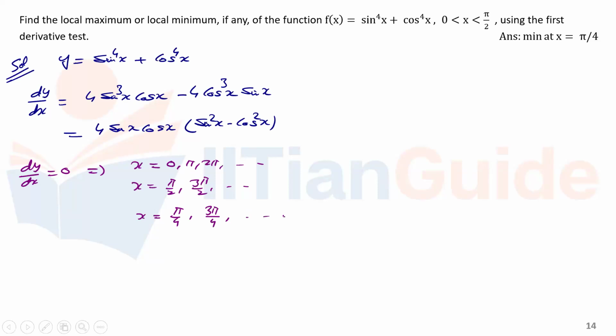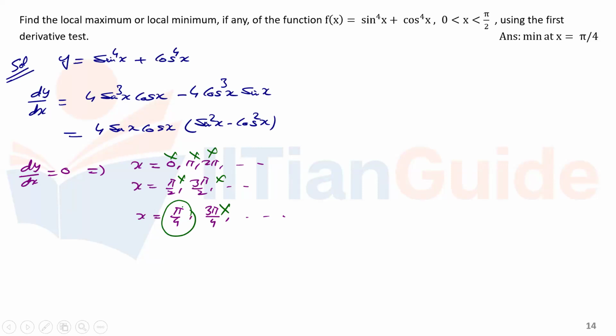But the interval given is 0 to pi by 2. So I cannot include 0 or pi by 2, and 3 pi by 4 is larger than pi by 2. So I have got only one point, pi by 4.